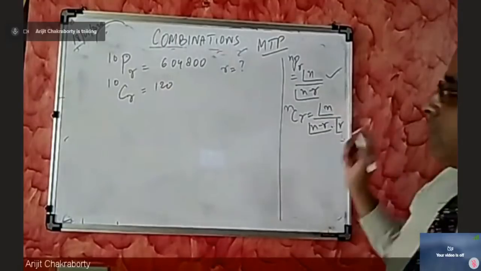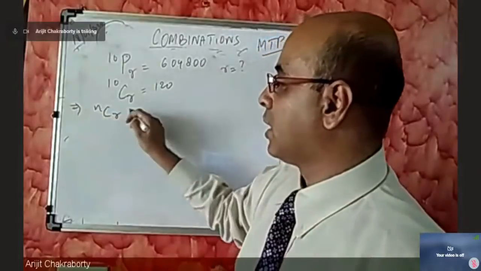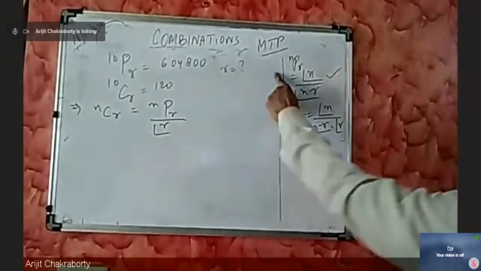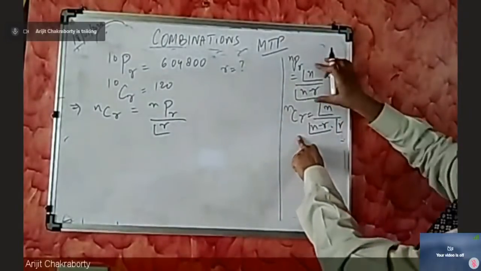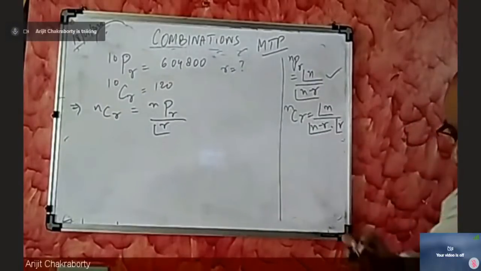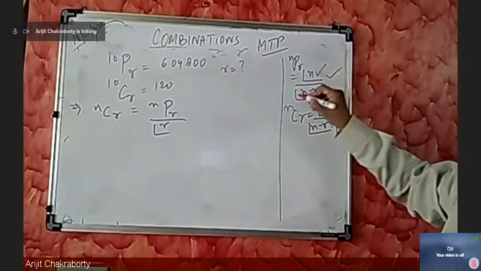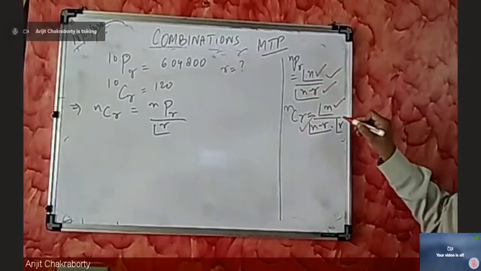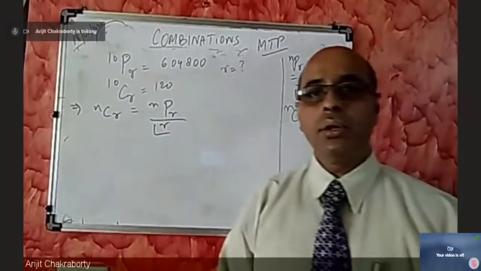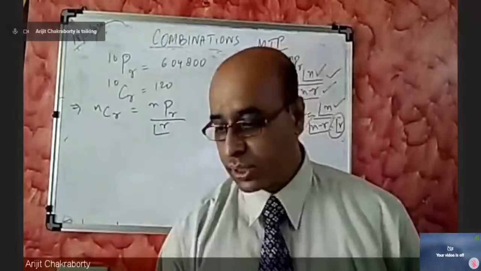So from this relation I can write that nCr is equal to nPr divided by r factorial. From this formula, you have the same thing: factorial n here, factorial n here, n minus r here, n minus r here. The only additional item is r factorial. So I can easily write nCr is equal to nPr divided by factorial r.